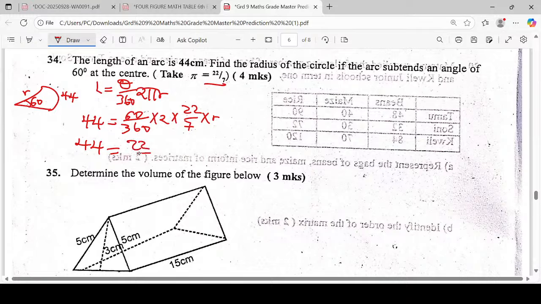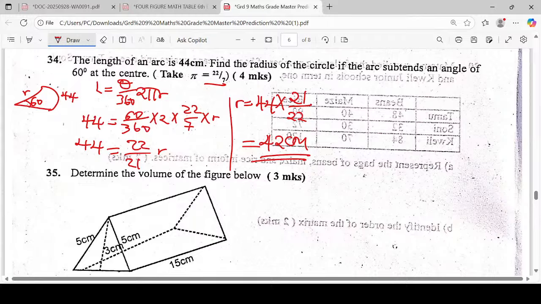Then r will be given now by 44 times the reciprocal, which is 21 over 22. So this is going to be 42 centimeters. That is how you work out that part. We are done. So the answer is 42 centimeters.